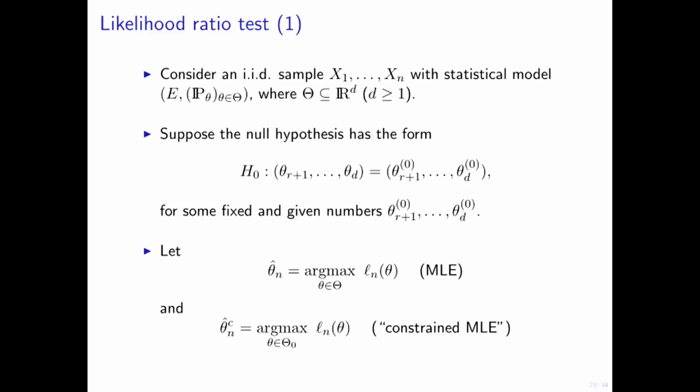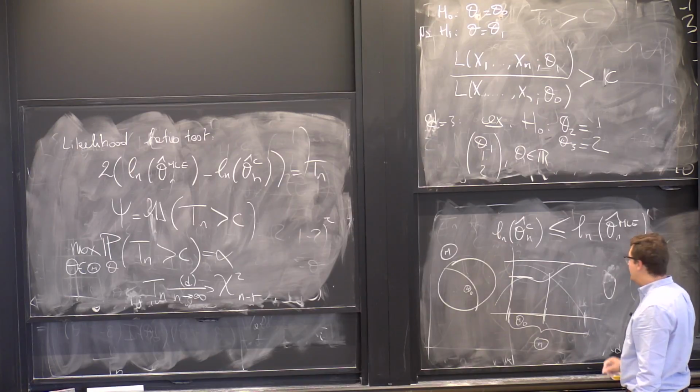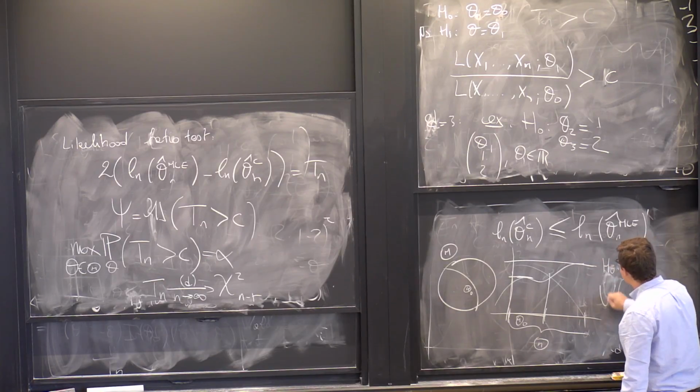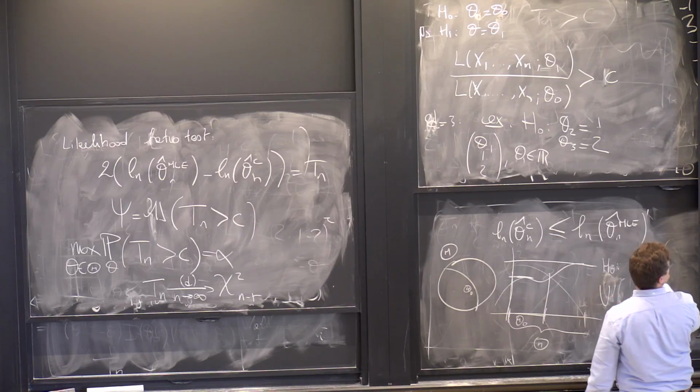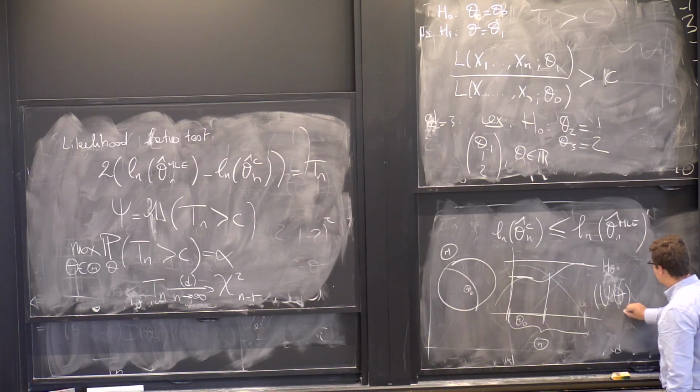And so to do that, essentially what you need to do is to say, if I take any matrix that's, say, invertible, let's call it U, then H0 is going to be of the form U times theta, and now I look only at the coordinates r plus 1 to d.